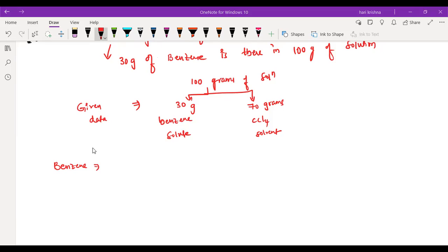C6H6. What is the molecular mass of benzene? How many know how to calculate the molecular masses? Raise your hands.